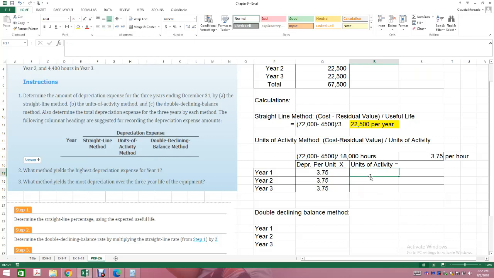Okay, and our activity is 7,600 hours, 6,000 hours, and 4,400 hours. Okay. And then if you multiply the depreciation per unit times the actual units of activity, you get your totals. Okay.